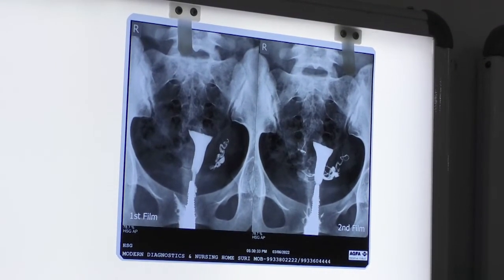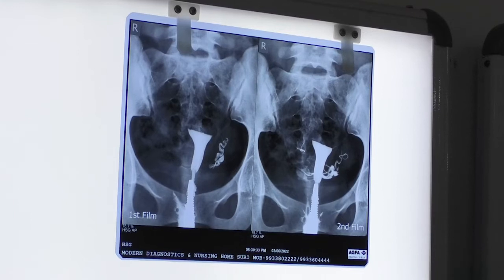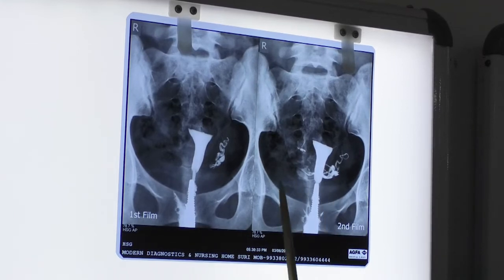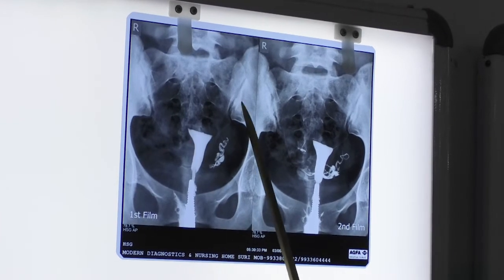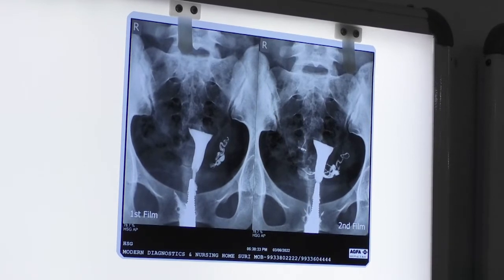This is the hysterosalpingogram, showing uterus, uterine tube, and spillage of the dye within the peritoneal cavity, as well as the pelvis, the bones forming the pelvis. You can see the sacrum and the hip bone. You can see other things.